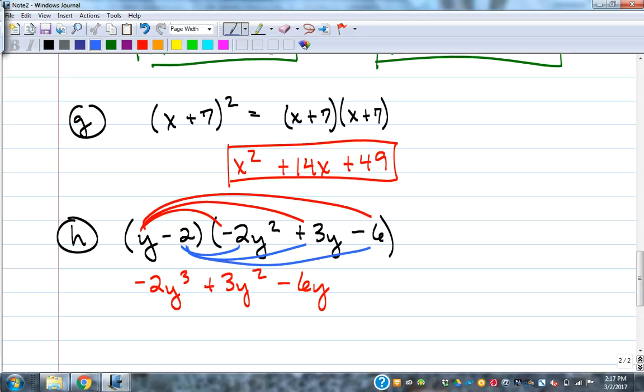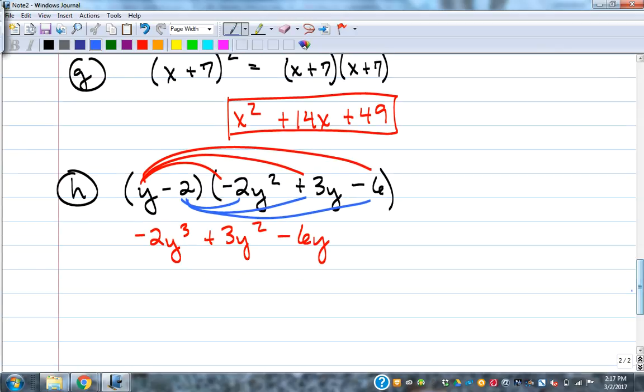Miss Ross calls this trick-or-treating. I think if you've had her, that's what she calls it. I always chuckle a little bit when she says it. Trick-or-treat. So negative 2 times negative 2y squared is positive 4y squared. And then negative 6y again, and then a positive 12.